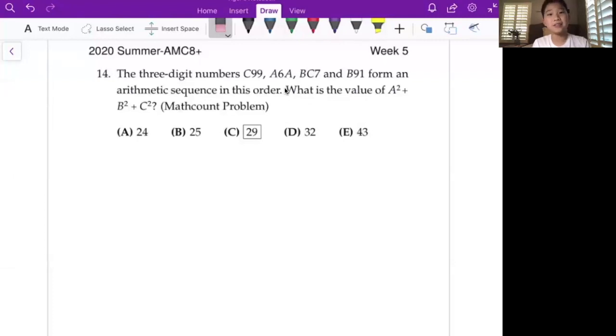Problem 14. The 3-digit numbers C99, A6A, BC7, and B91 form an arithmetic sequence in this order. What is the value of A squared plus B squared plus C squared?